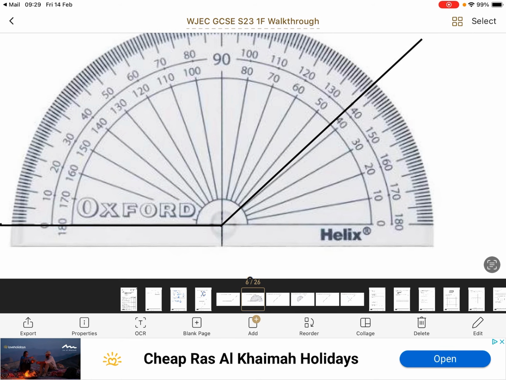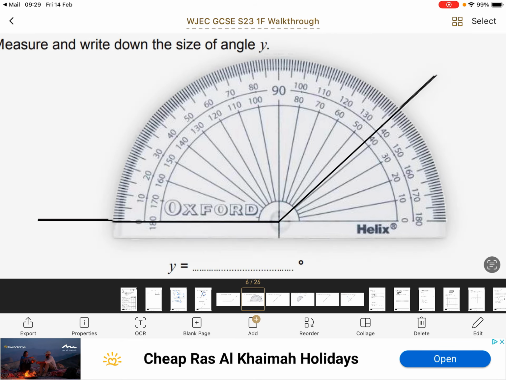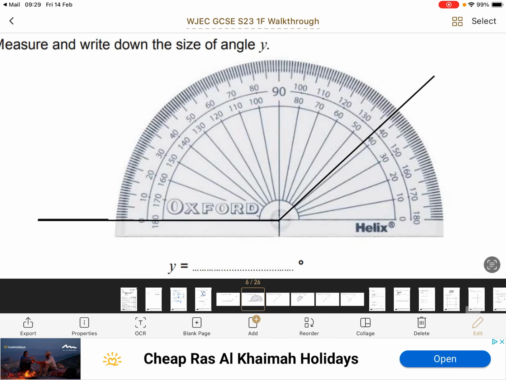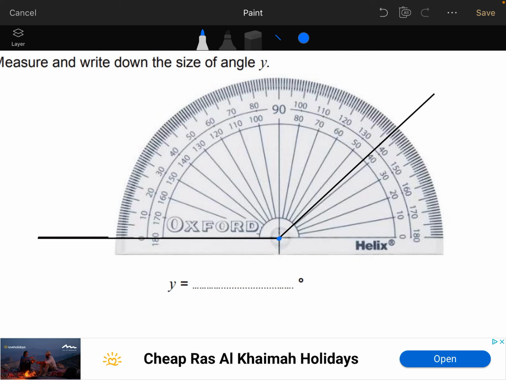So here we go. We've matched up the protractor on the crosshairs here. We've matched it up exactly on the crosshairs, and be as accurate as you can. I've lined this up, and the line is here. You can see it's on the 0. We can't start counting from 0 because the angle that we want to measure is that angle there.